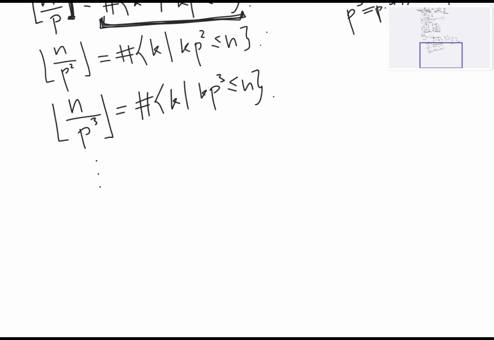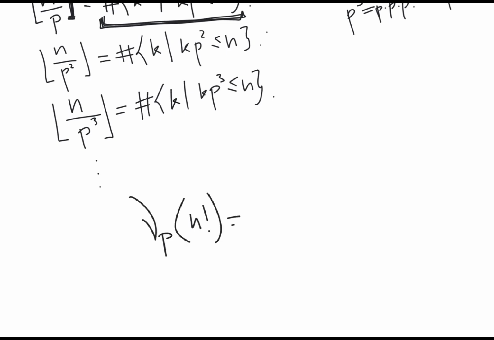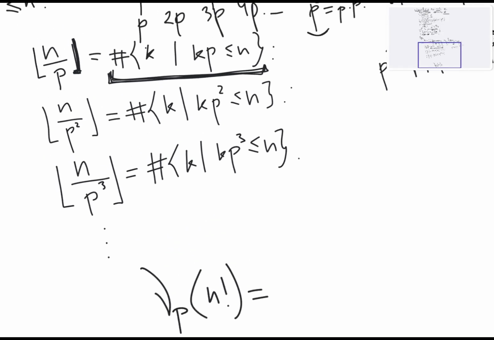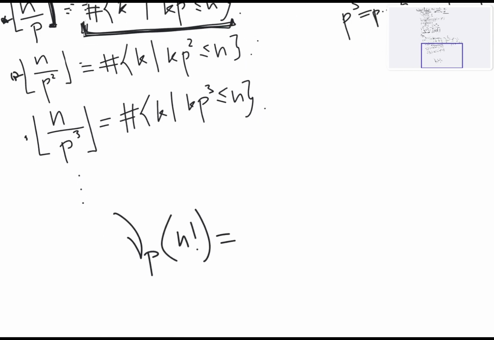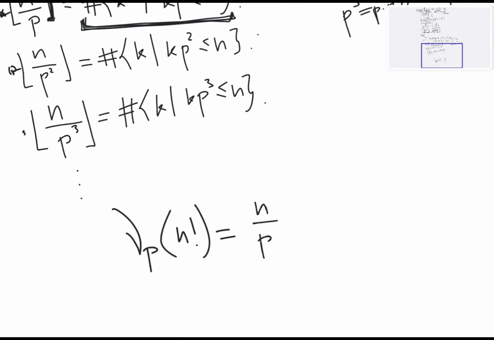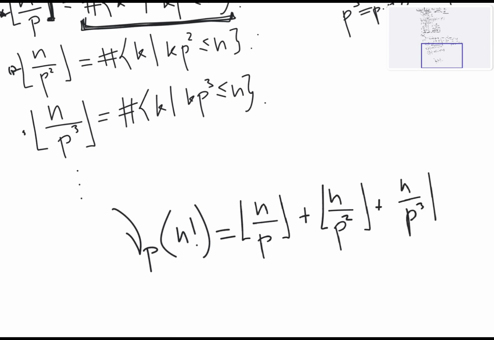Eventually we get that nu p of n factorial is exactly equal to the sum of these numbers: the floor of n over p, plus the floor of n over p squared, plus the floor of n over p cubed, and so on to infinity.